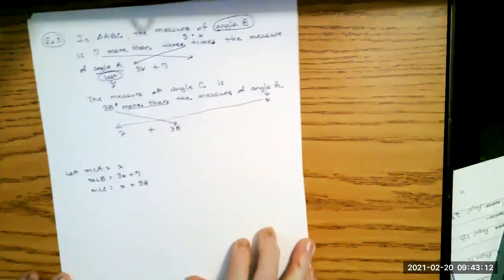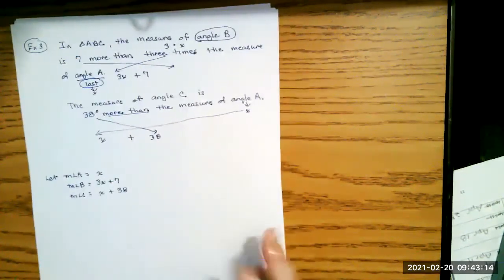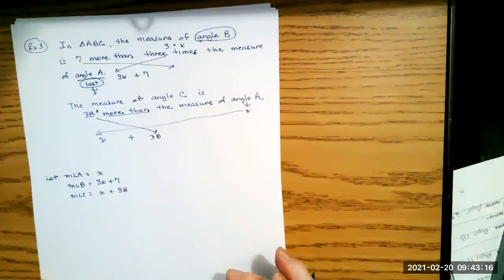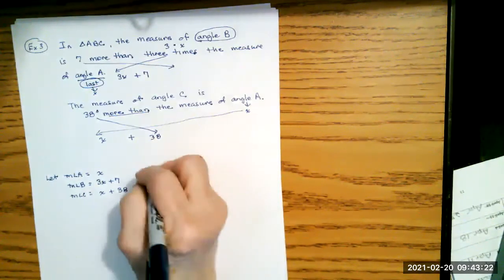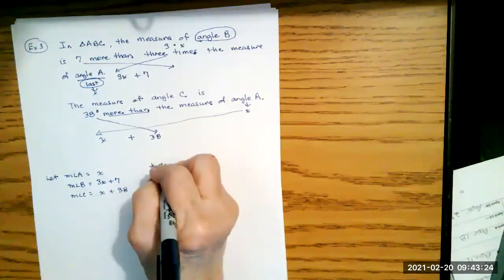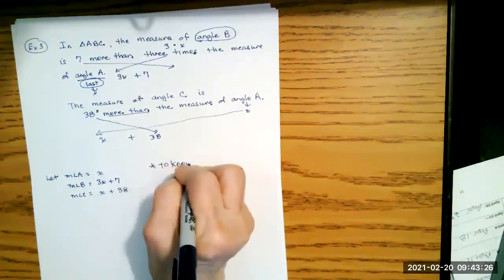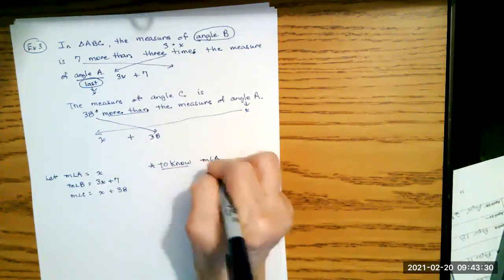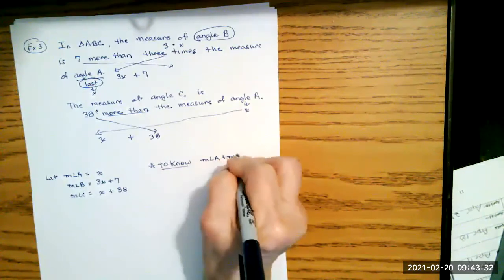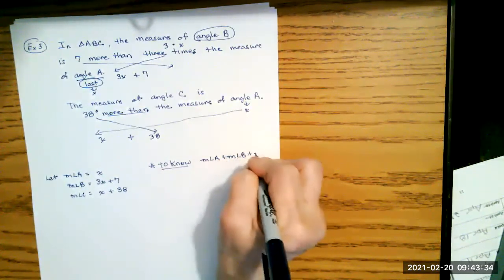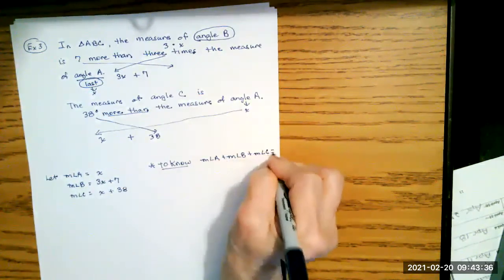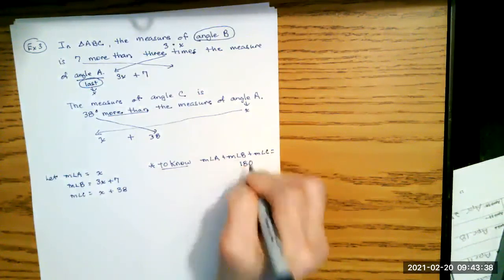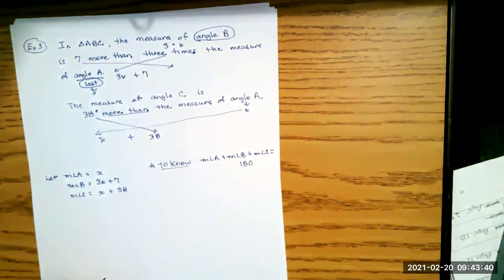Now, what else you need to know is that if you add the three angles together, you get 180 degrees. That's something that you need to know. Measure of angle A plus the measure of angle B plus the measure of angle C is always going to equal 180 degrees.